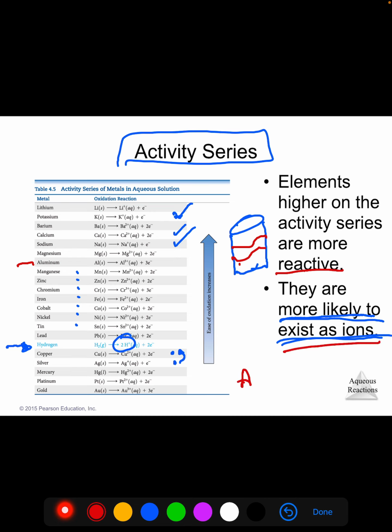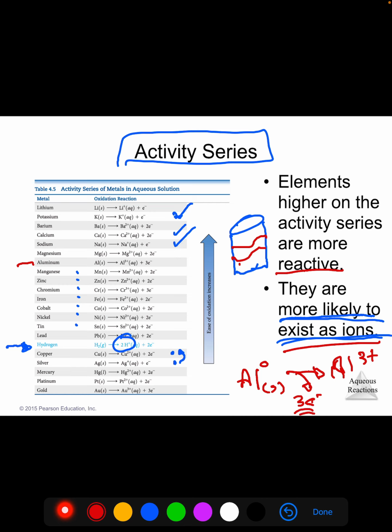The aluminum metal with an oxidation state of 0 will donate 3 electrons to become the aluminum ion. Of course, copper can be +1 or +2. In this case, it's +2. To balance the equation, I'd need 2 aluminums and 3 coppers, but copper can pick up these electrons.